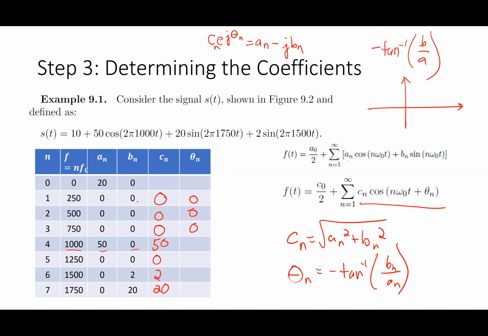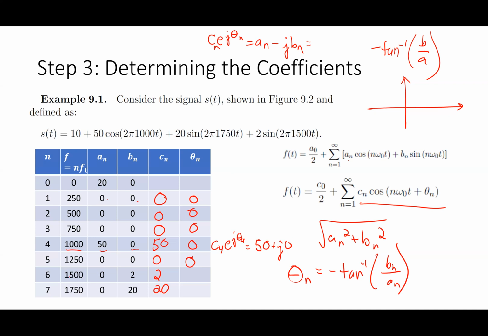So for this one right here, I have C4 e to the j theta 4 equals 50 plus j0. If I had a vector 50 plus j0, which direction does it point? Real axis. What's its angle? 0 degrees. I don't have anything at 1250.